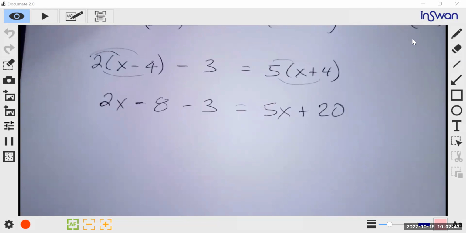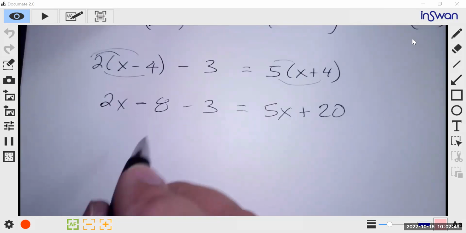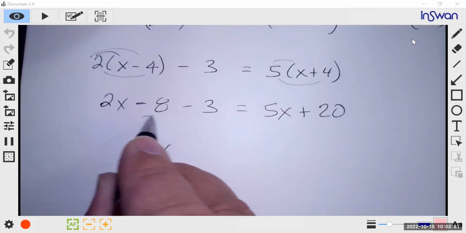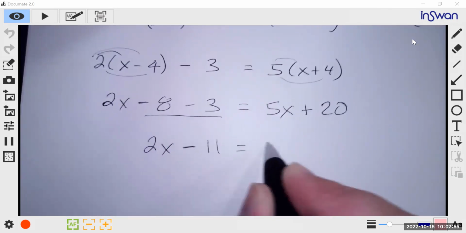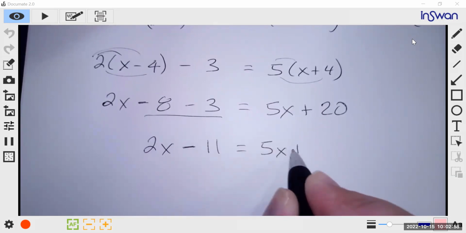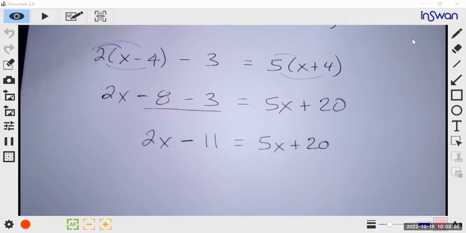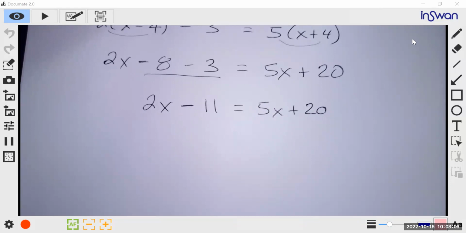Whenever you get rid of parentheses, always combine like terms first. Negative 8 minus 3, they're both negative. 8 plus 3 is 11. Now what do you do?